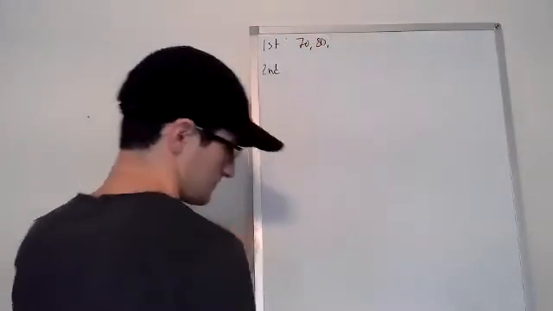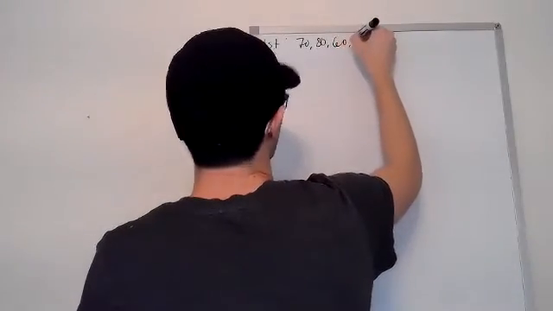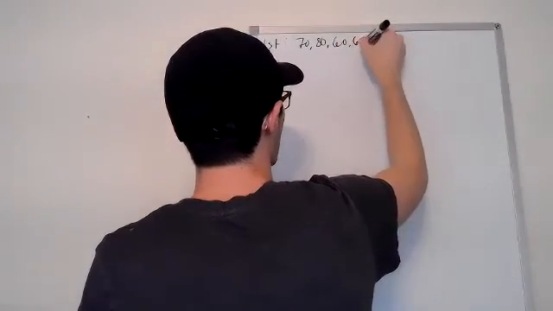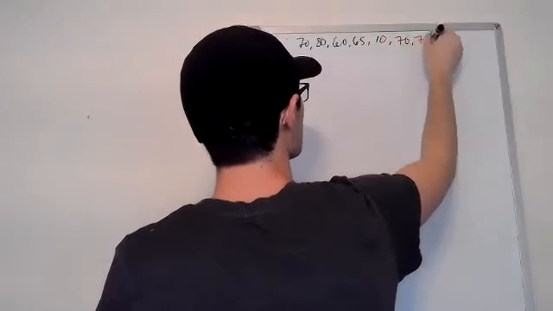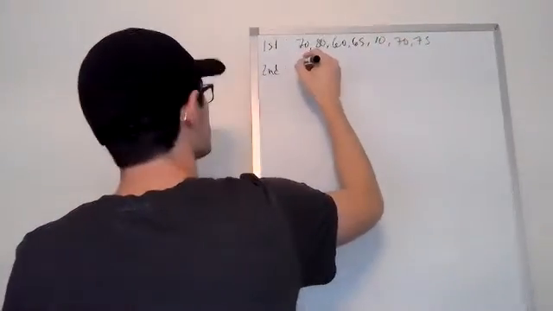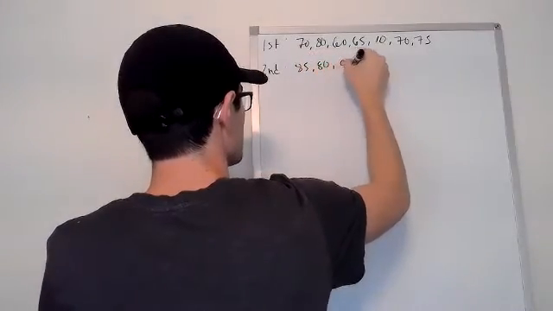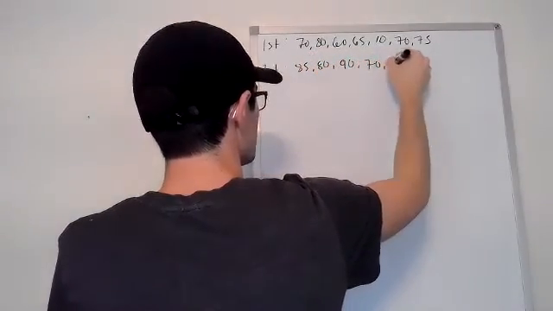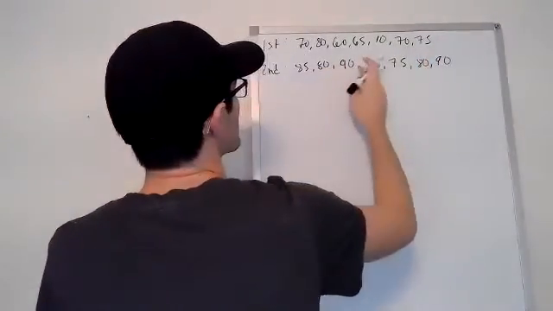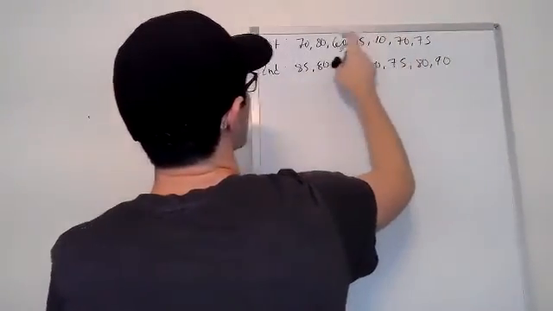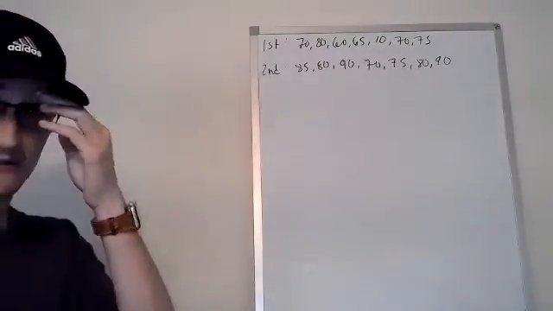70, 80, 60, 65. Okay. So that's our data. Let's look at it. Again, we're checking for outliers.